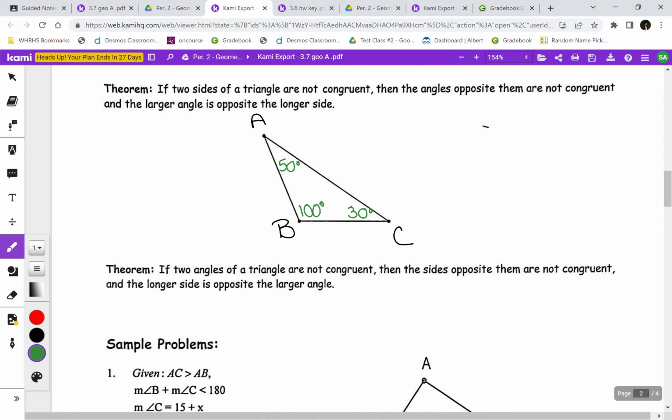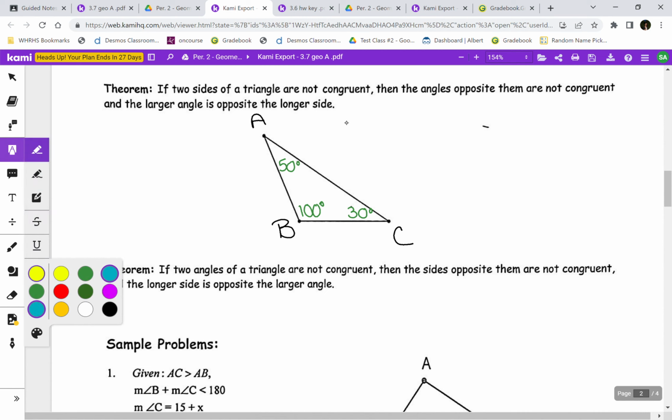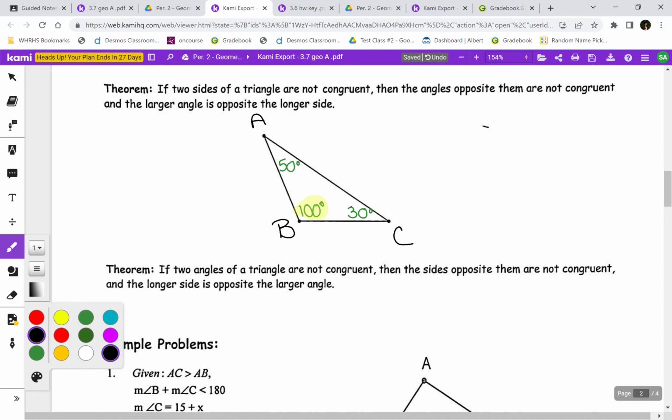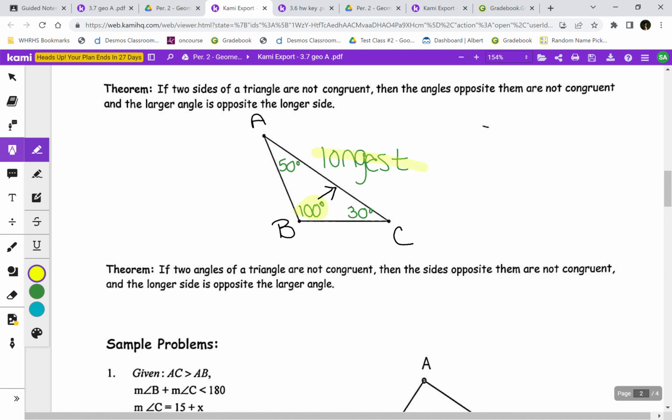Sam? B. B is the biggest. So according to this theorem, across from the biggest angle has to be the longest side. So out of the three sides, which side has to be the longest? AC has to be the longest side. So across from the biggest angle is the longest side.